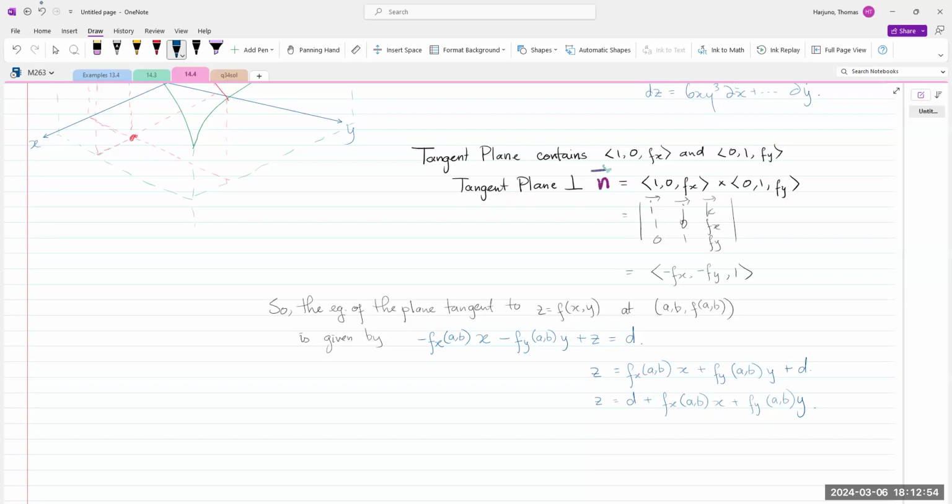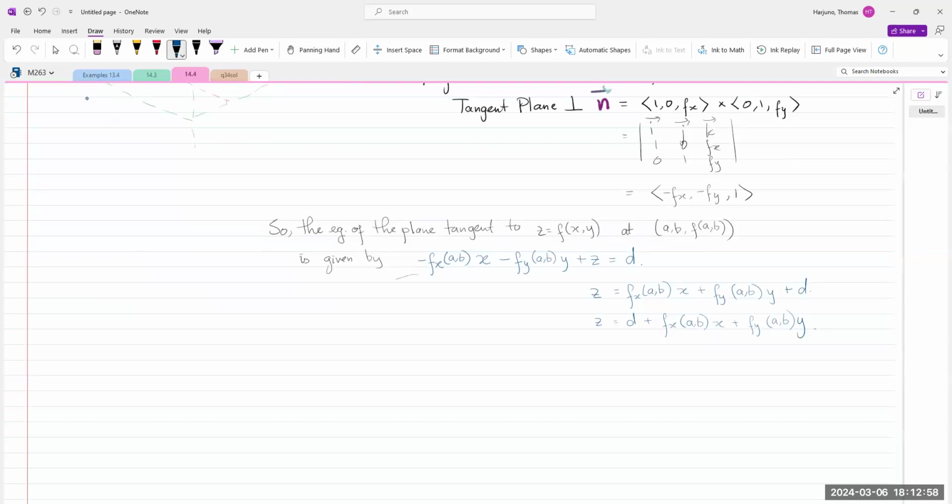Now how to find the D? Actually, another equation that you may remember from my section 12.5, I think. This is negative f sub x at (a,b) times x minus a, minus f sub y of (a,b) times y minus b, plus z minus f(a,b) equals 0.